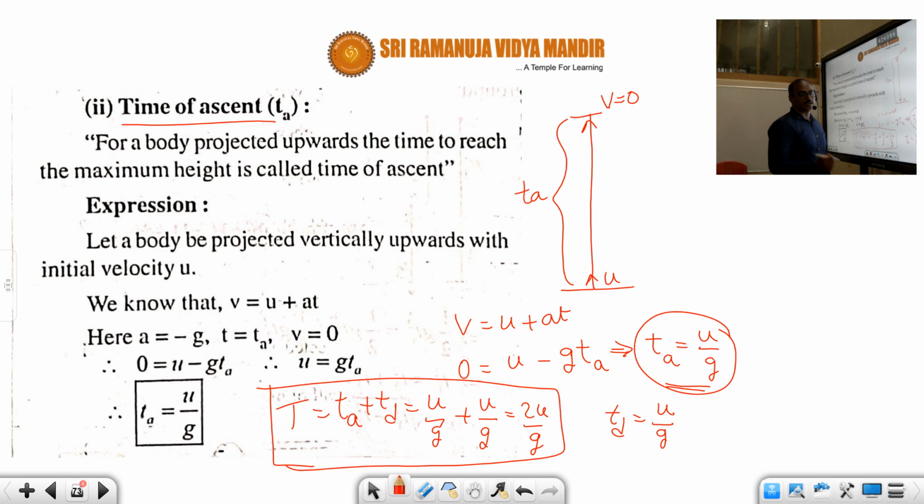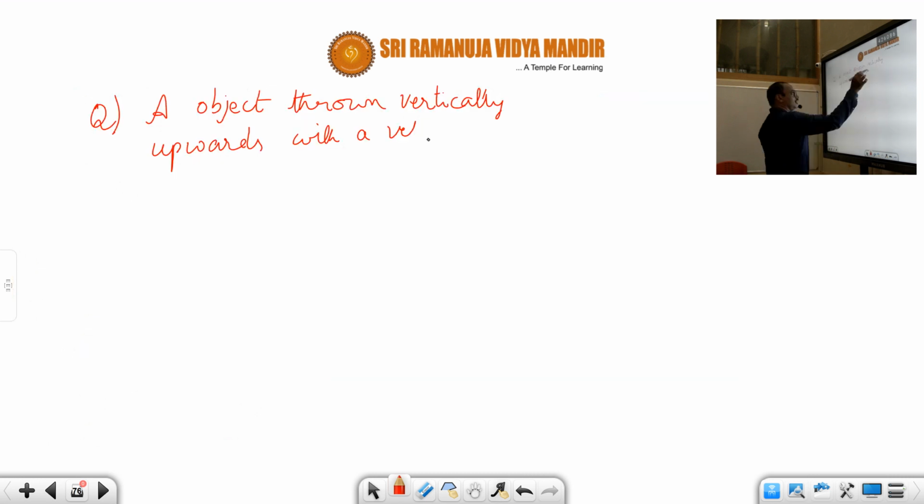Suppose an object is thrown vertically upwards with a velocity of 80 meter per second.